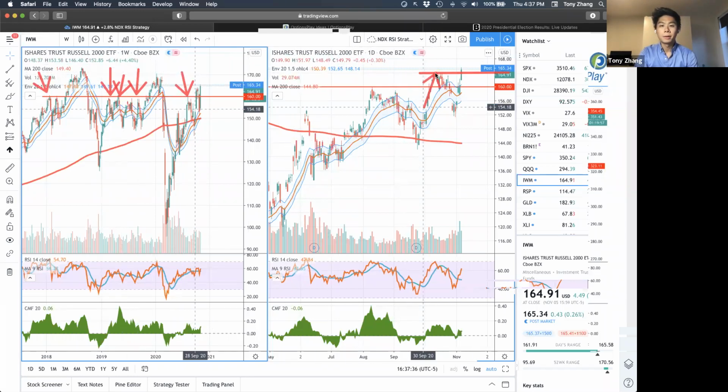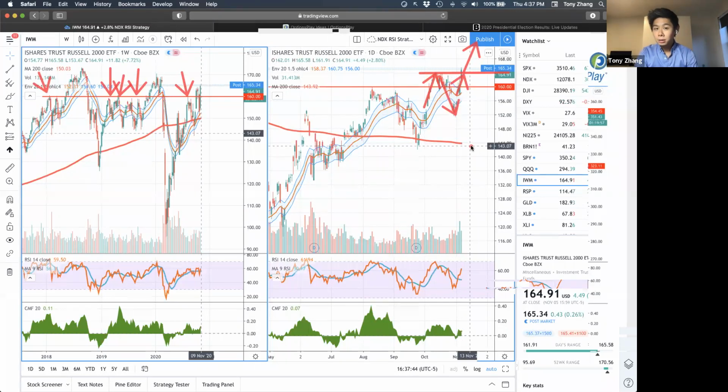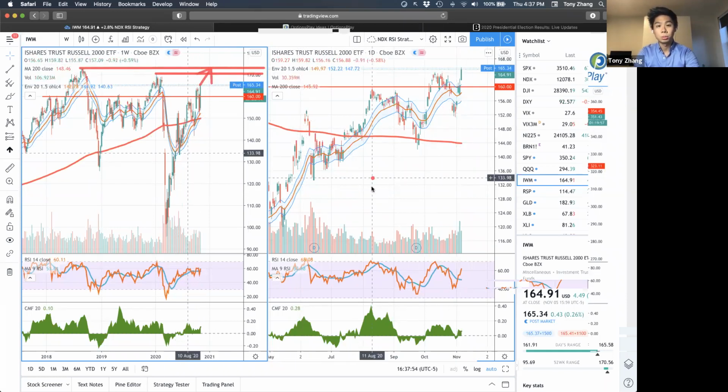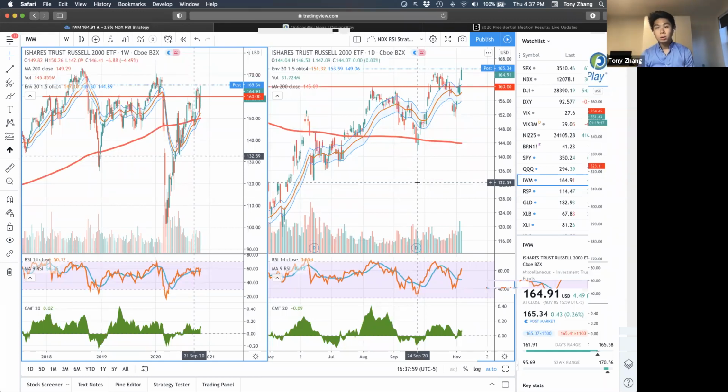We broke out above it a couple of weeks ago but failed to hold, and now we've recently broken out above it again and pushed higher above that recent high. That's a pretty bullish setup. I think that puts IWM back into the 170, 172 all-time high range to target on the upside. So broader markets are pretty strong here, right?